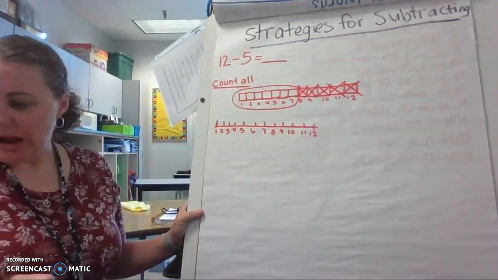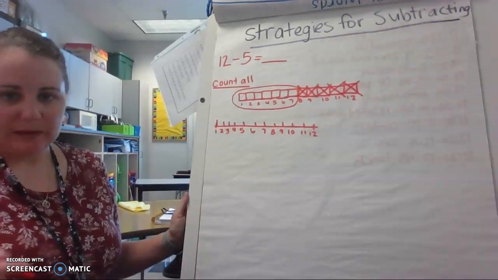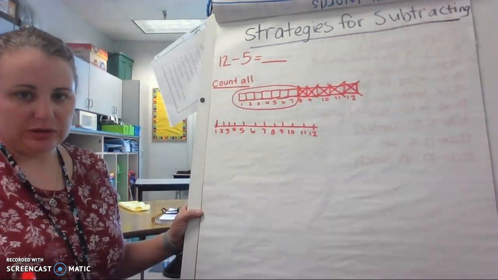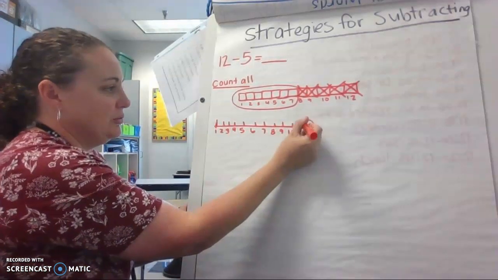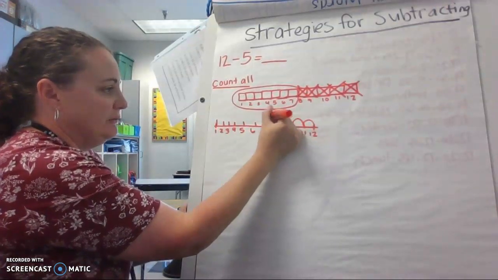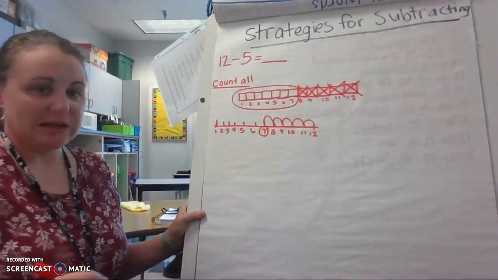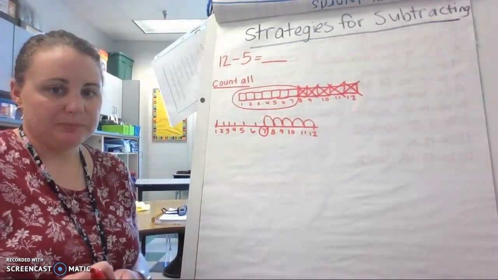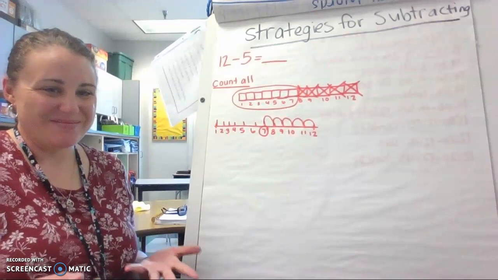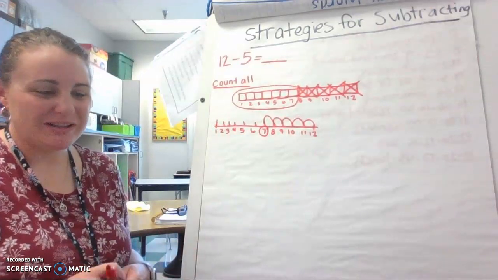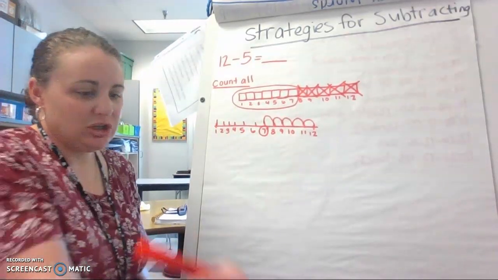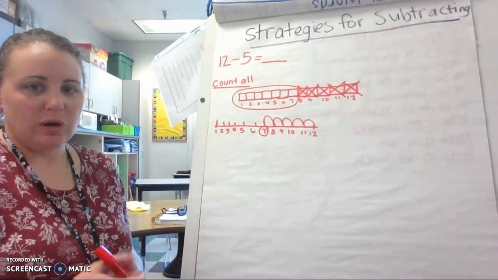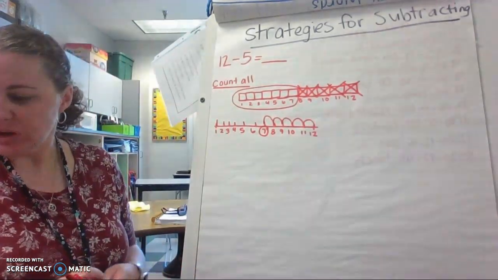Okay, so I have 12 here, and I'm going to take away 5. 1, 2, 3, 4, 5, and that gets me to 7. You also might think about doing this on your fingers. Of course, you don't have 12 fingers, so that might be a little hard, but counting all is one strategy that you can use when you are subtracting.